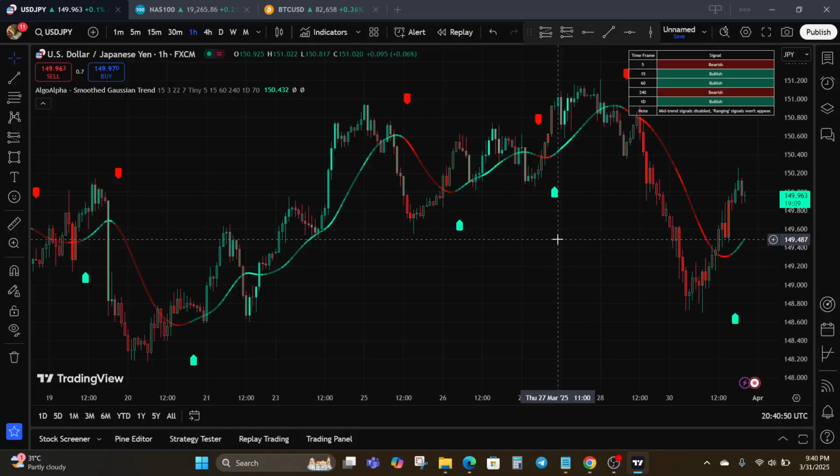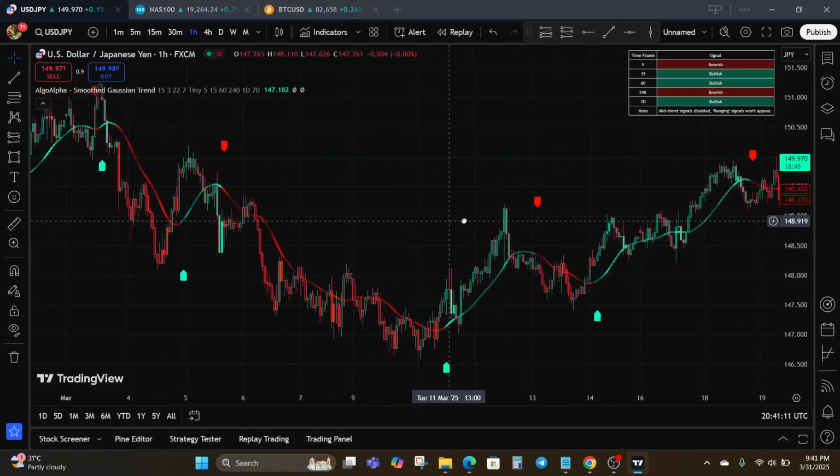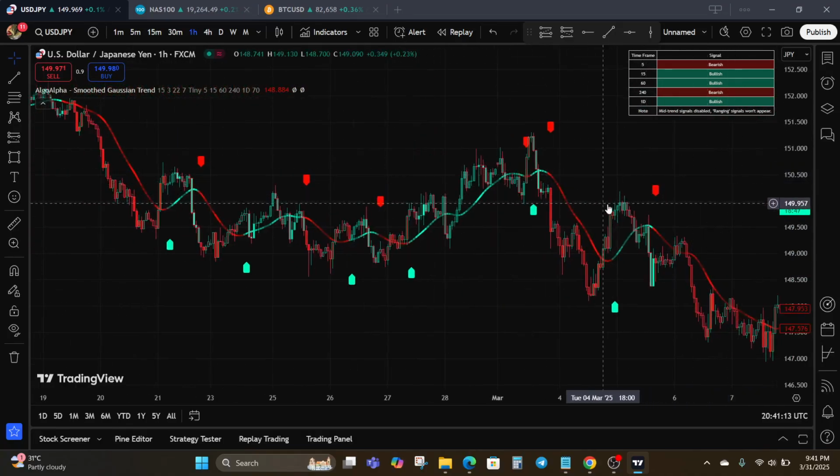One of the biggest challenges that traders face is identifying whether the market is trending or ranging. Many traders get caught in choppy price action where the market has no clear direction. Ranging markets lead to false signals, and they also lead to stop hunts.